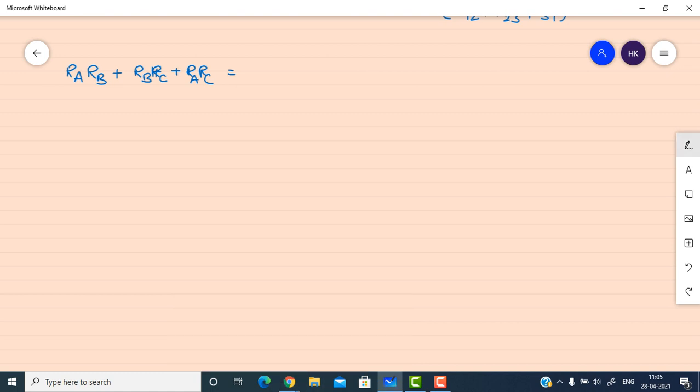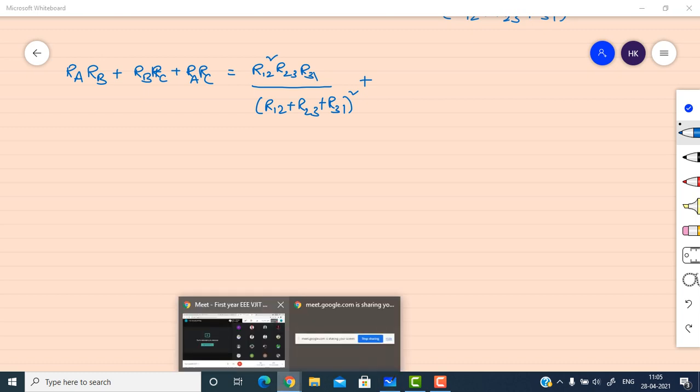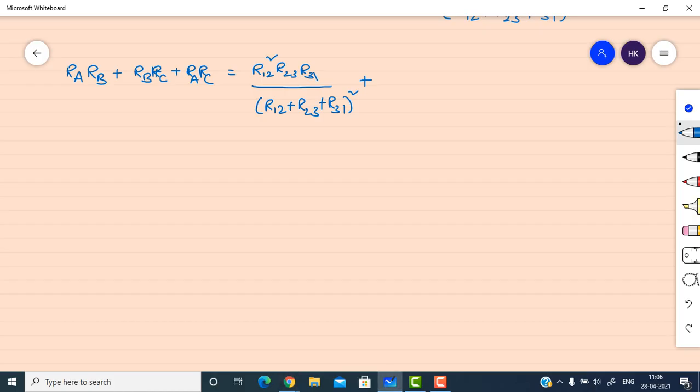Can you tell me the equation RARB? RBRC equation, plus RARC.